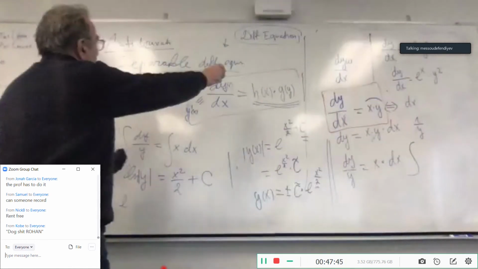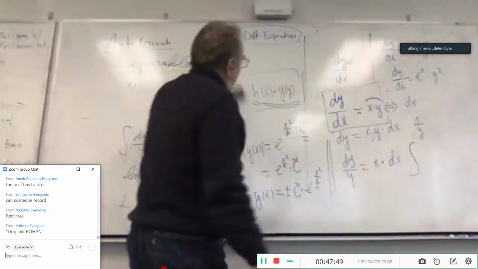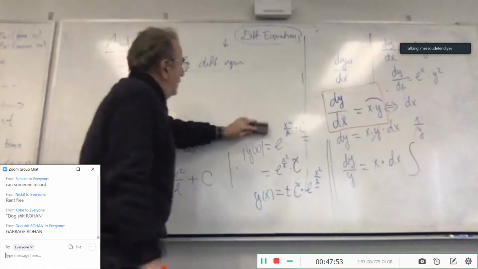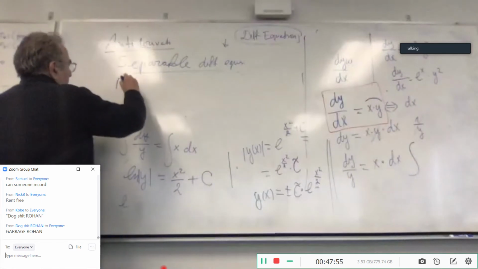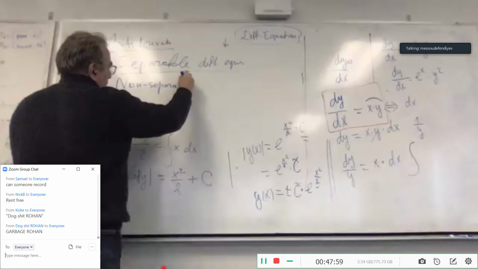This is called a separable differential equation, and this scheme doesn't work in the case when we have non-separable equations.